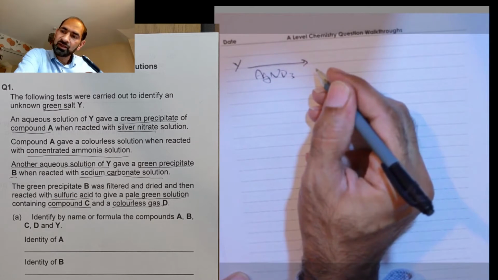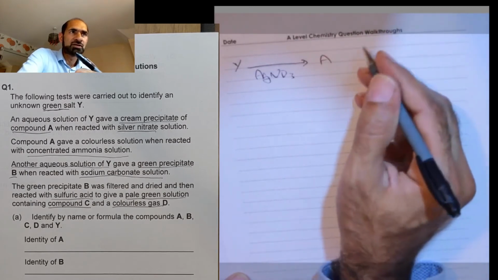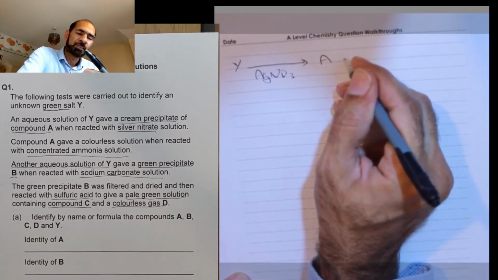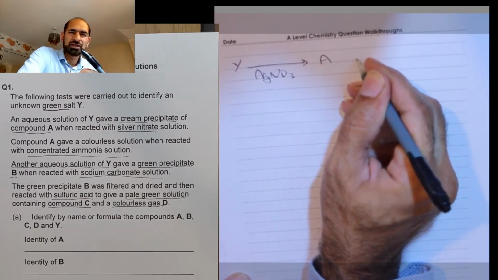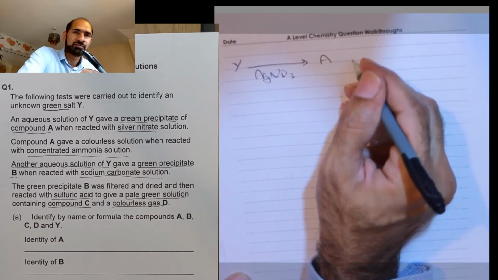Silver nitrate gives a cream precipitate of compound A. I know the cream precipitate is usually bromide. If you remember, chloride is a white precipitate, bromide is cream, and iodide is yellow.